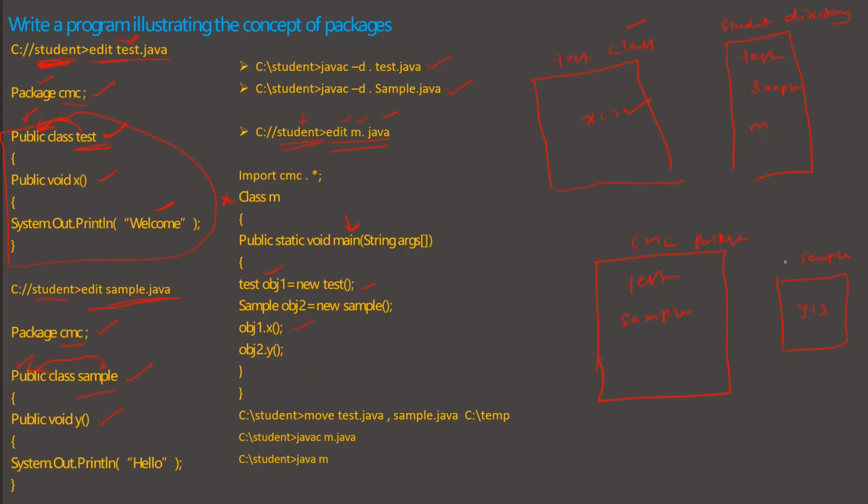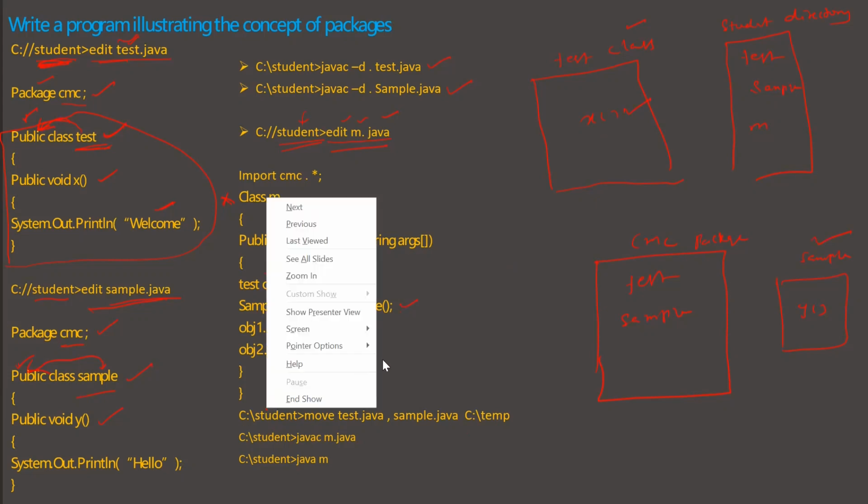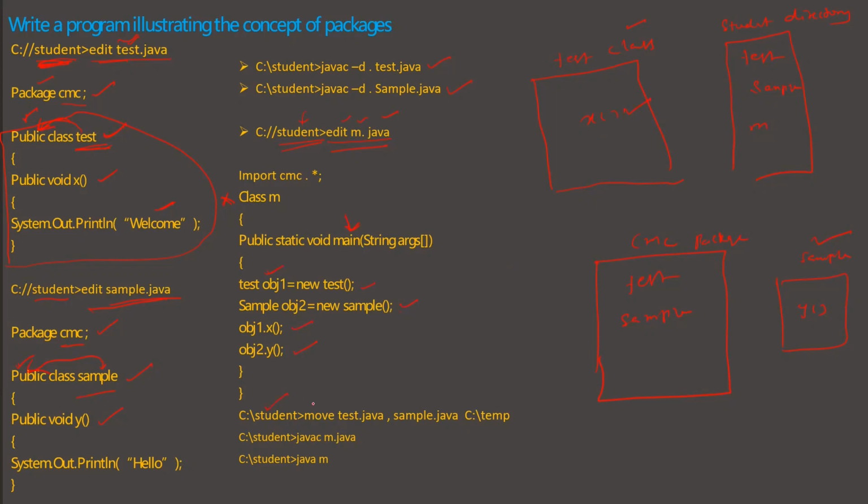For Sample, I've created one more object, obj2, and with that object I'm going to call obj2.y.